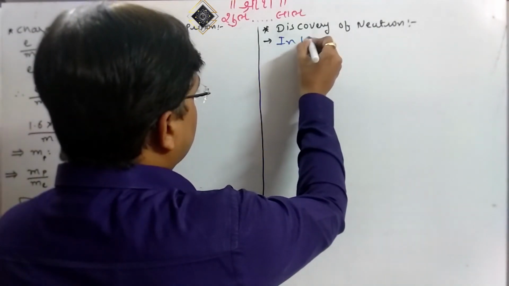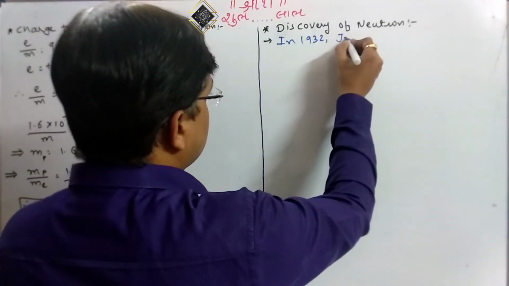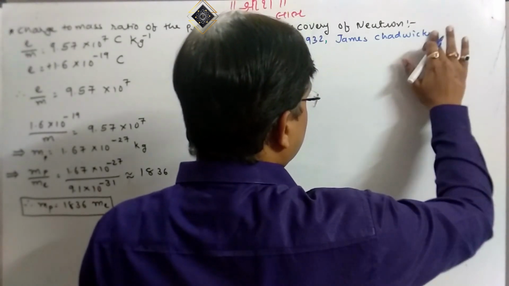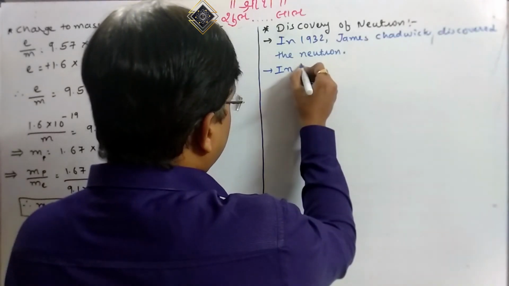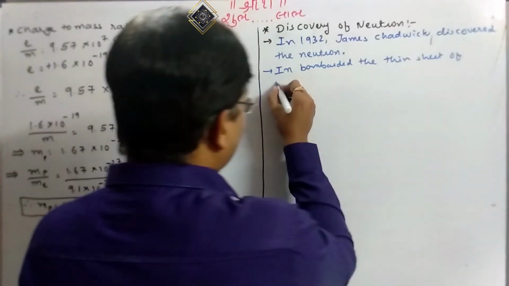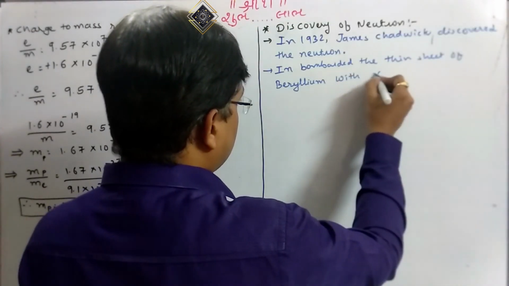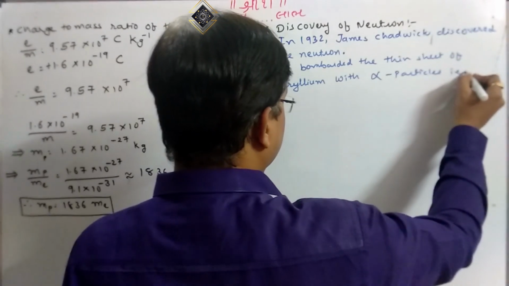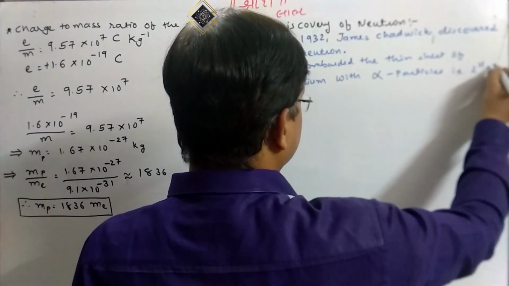In 1932, James Chadwick discovered the neutron. He bombarded a thin sheet of beryllium with alpha particles, that is helium.